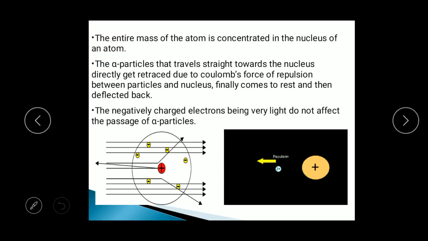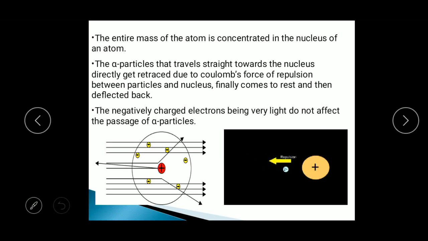Next, the entire mass of the atom is concentrated at the nucleus of an atom, right? And there is a Coulomb force of repulsion between the positively charged alpha particles and the positively charged nucleus present at the center of the atom. And the last conclusion is that the negatively charged electrons are very light and they do not affect the passage of alpha particles, right?